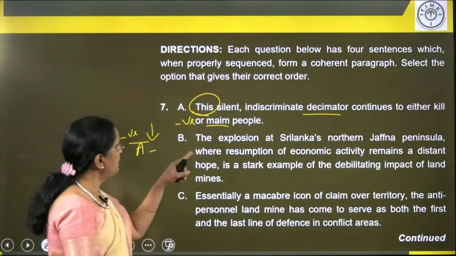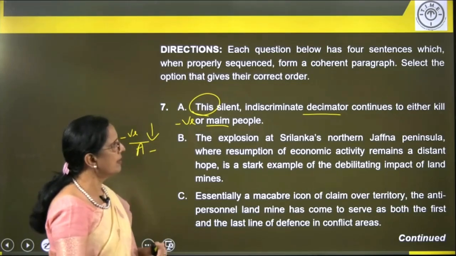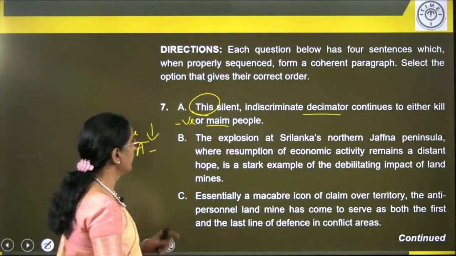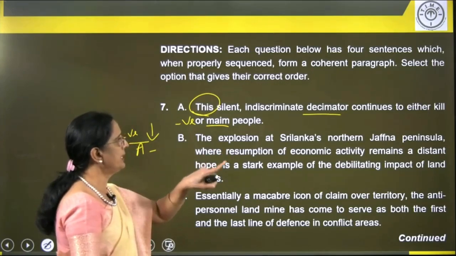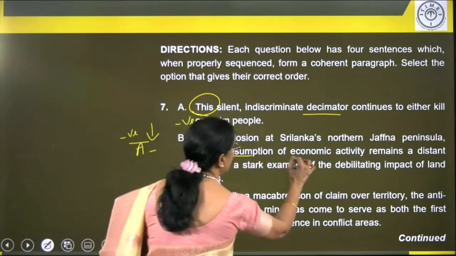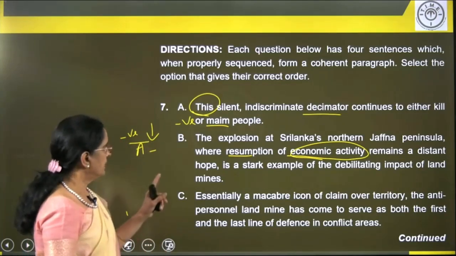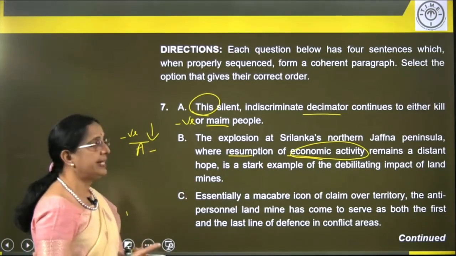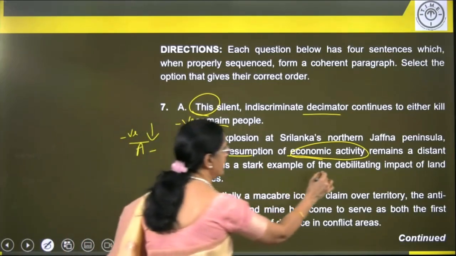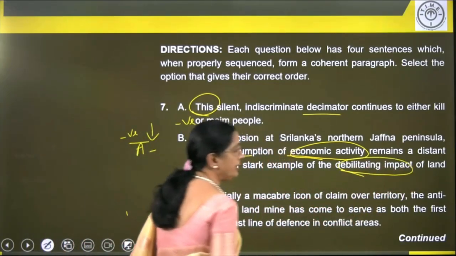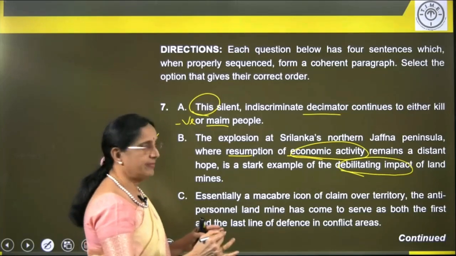Okay. The explosion at Sri Lanka's northern Jaffna Peninsula, where resumption of economic activity, you are talking about economic activity, remains a distant hope, is a stark example of the debilitating impact. This is important. Debilitating is what? Damaging, right?